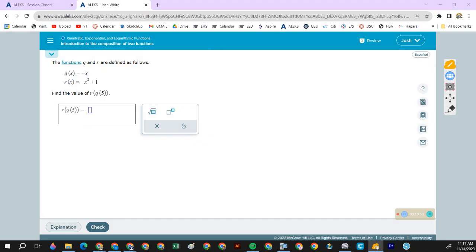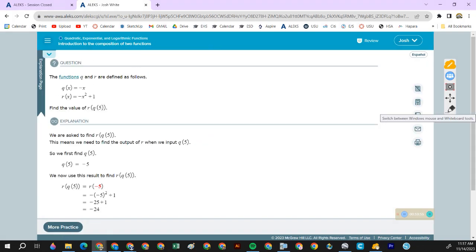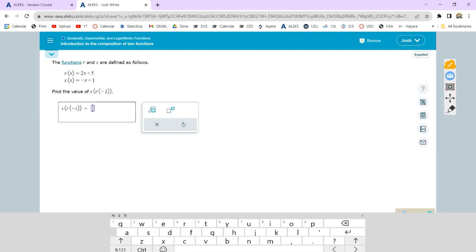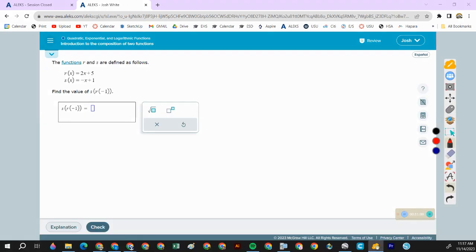So let's look at another example. Okay. So R, nope, let's do it this way. S composed with R of X. So this is S with an R of X inside of it.